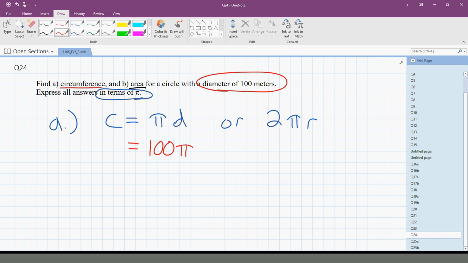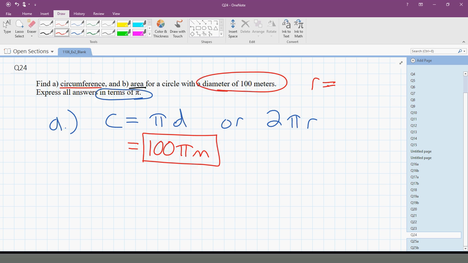The label. Feet, miles, inches, yards, meters. There it is. Yeah. You could have also used the other formula, because we do know that in order to find a radius, what do we got to do to the diameter?